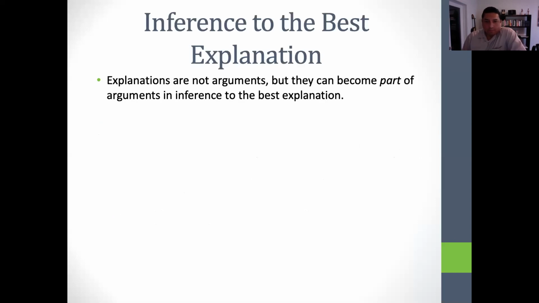Okay, so explanations are not arguments, as we've seen, but they can become a part of arguments, right? In inference to the best explanation, they end up becoming a piece of the overall argument.